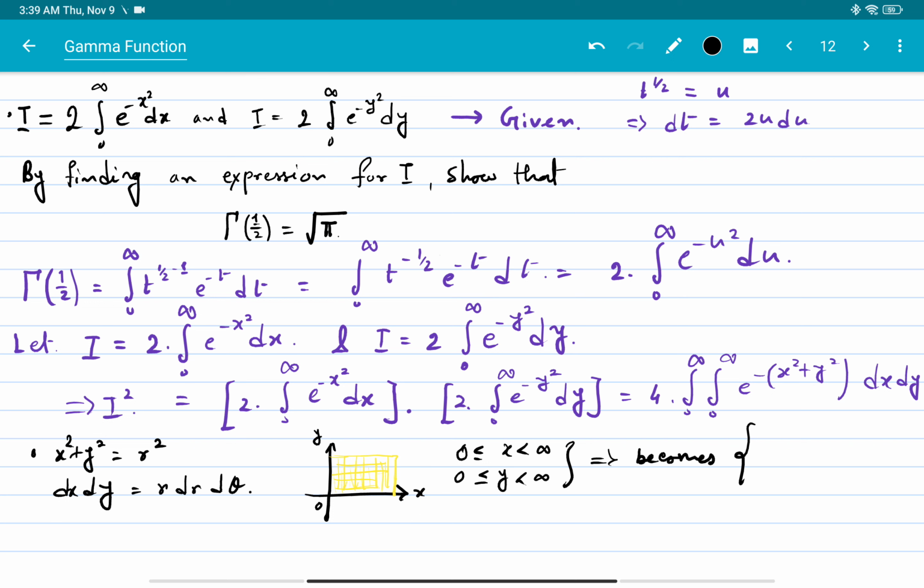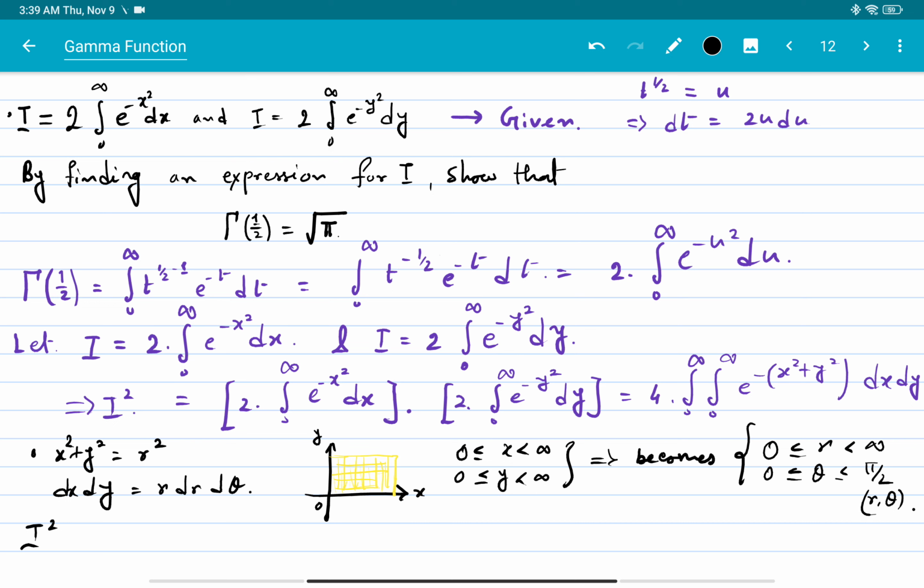If it is polar coordinates, the coordinate will be r comma theta. So r starts at 0, which is closed, and at infinity it is open, and theta goes from 0 to pi by 2. So we are taking r comma theta in polar coordinates.